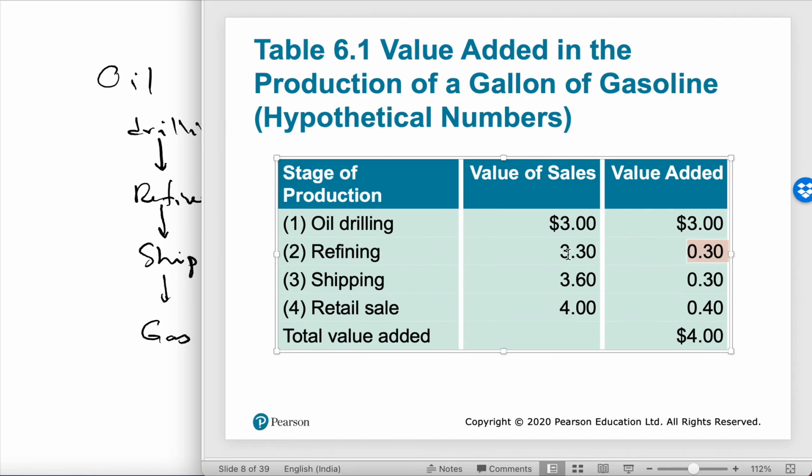So the value added in the second stage is the sale value minus the intermediary. And then shipment factories, these are the trucks or the pipelines, which buy from the refineries for $3.30 and sell it to the retailers for $3.6. So the subtraction is going to be the value added here.